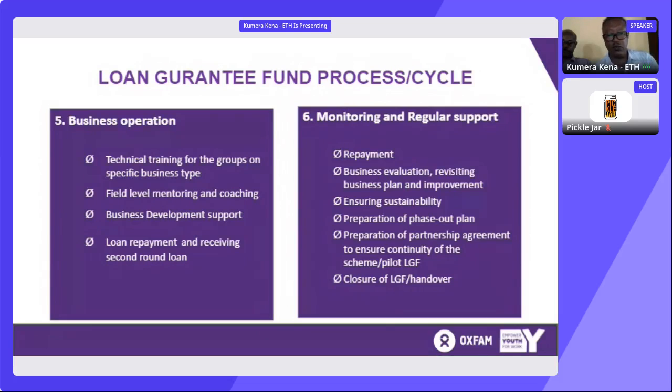This one, as you all know, is a pilot loan guarantee fund activity, and it should be continued in the future with the microfinance institution, or rather with another chosen entity. So the next one is closure of the loan guarantee fund, or handover of the whole documents and the whole resources to microfinance institutions. Thank you very much.